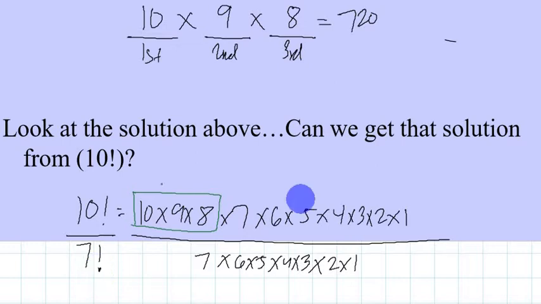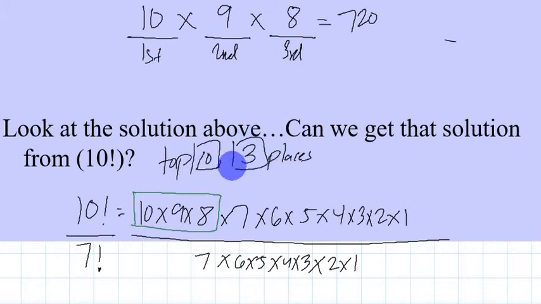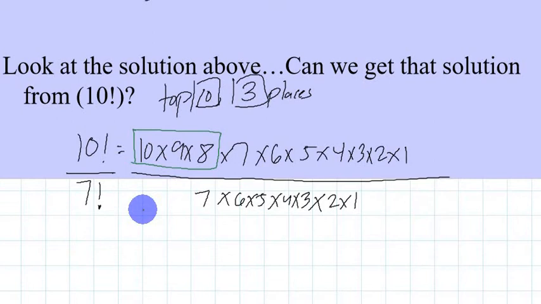Now, think about it. What we were given originally is from the top 10, I need to position them into the first, second, and third place. There are 3 places. So we're given the number 10 and the number 3. How do you think we will be able to come up with the 7 factorial, or at least the 7, given the 10 and the 3? Thinking about it, 7 can be written as 10 minus 3.